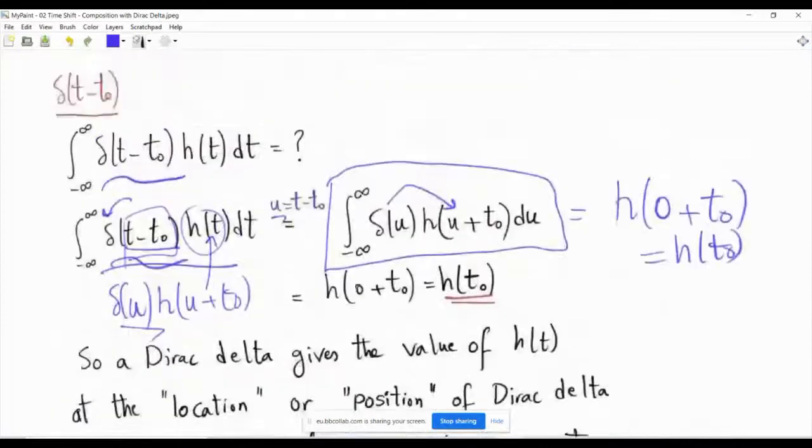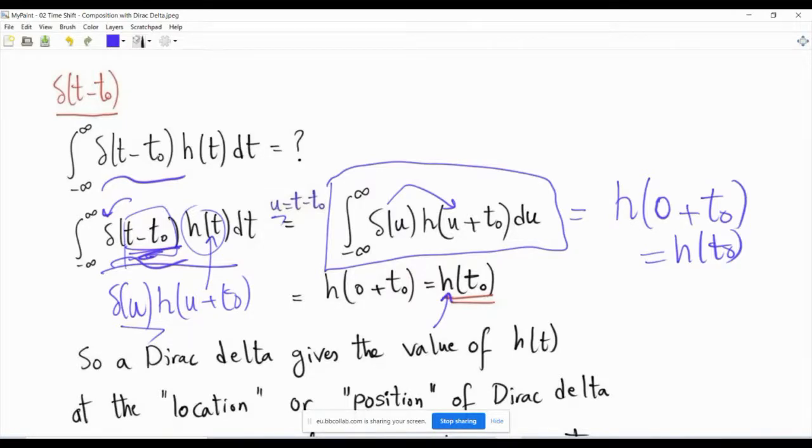Remember that from our time shift, if we have delta t minus t0, it gives us the value of the function at t0. If t0 is 0, then we obtain the value of the function at the origin. If t0 is 7, so this is delta t minus 7, we get h of 7, right?